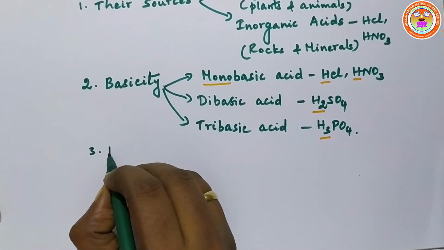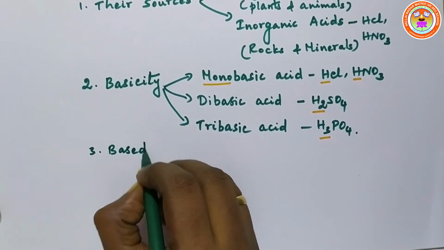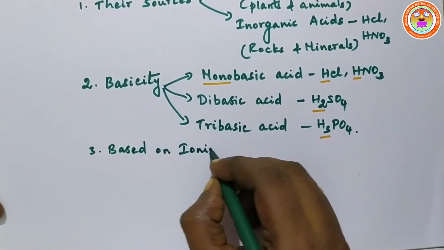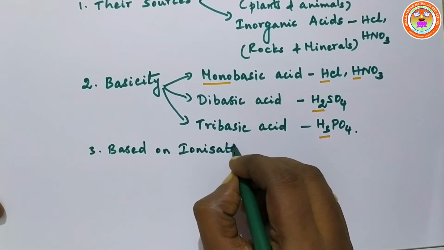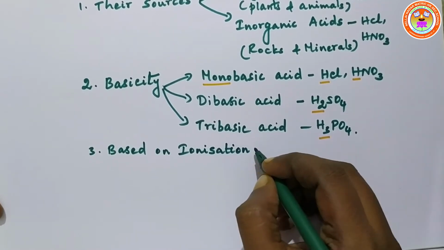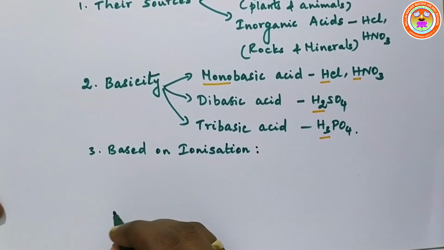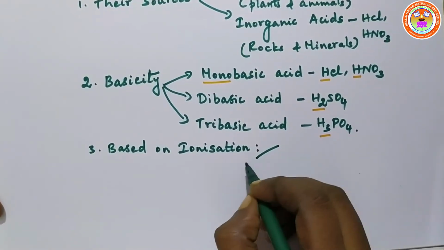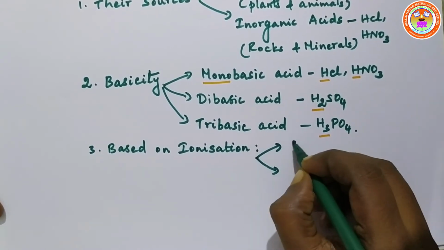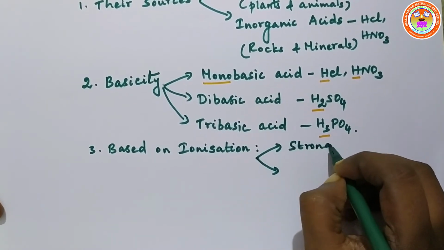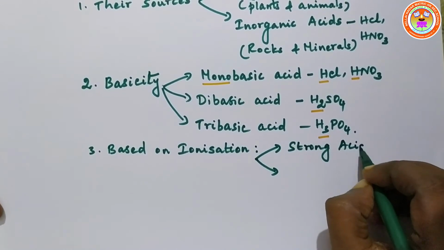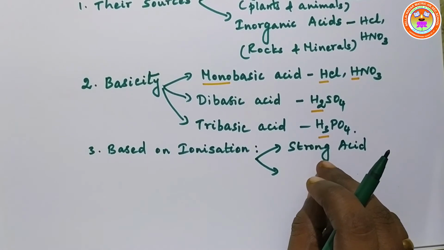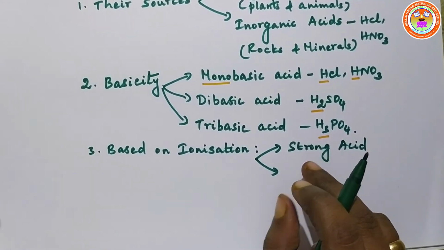Based on ionization, we have strong acids and weak acids. A strong acid, when dissolved in water, undergoes complete ionization.